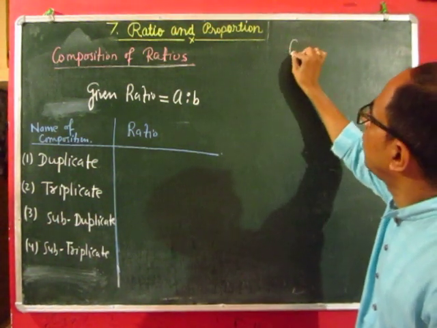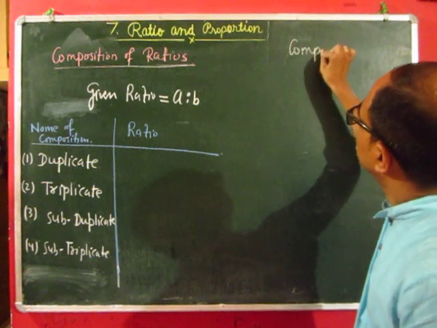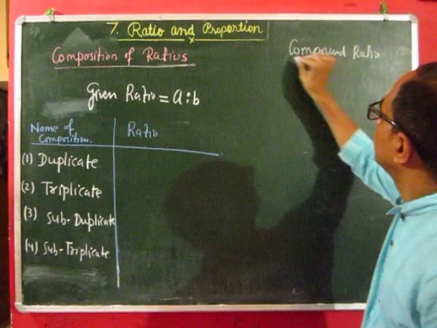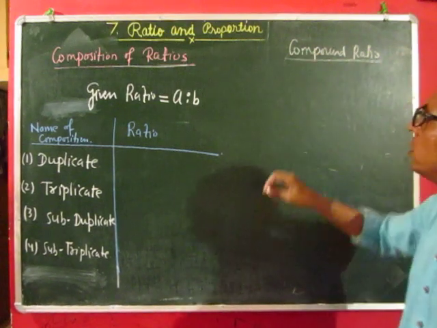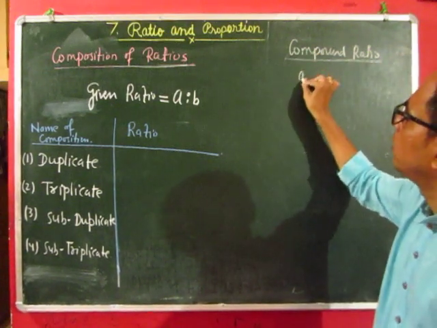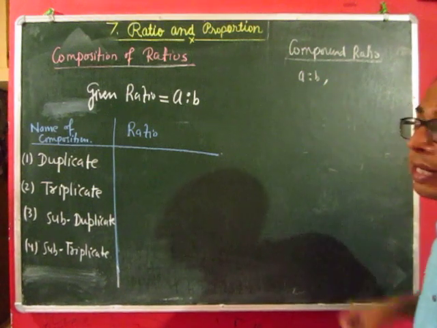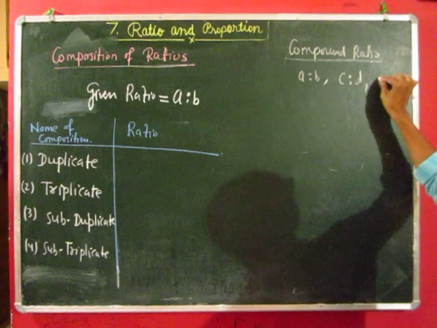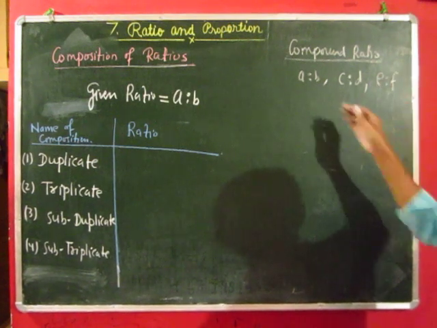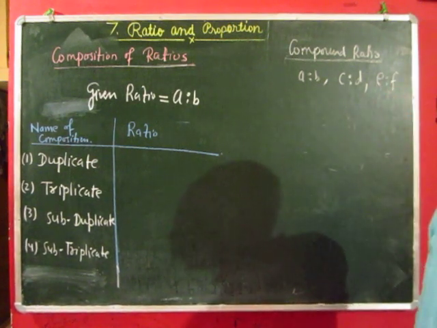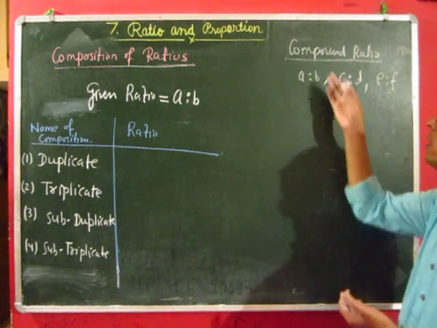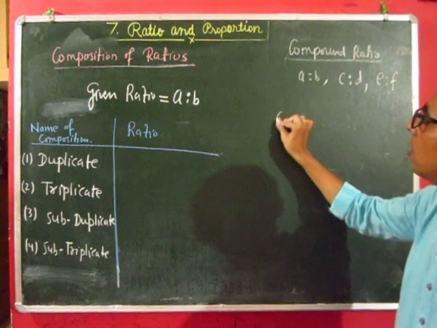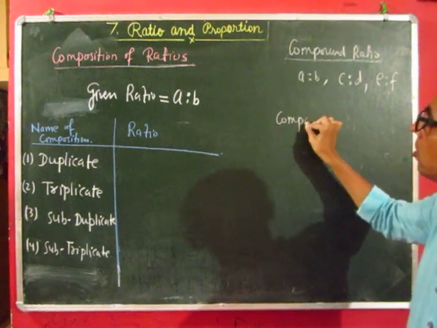What is the meaning of compound ratio? Suppose one ratio is given, A is to B, the second ratio is C is to D, and the third ratio is E is to F. You have to find the compound ratio.